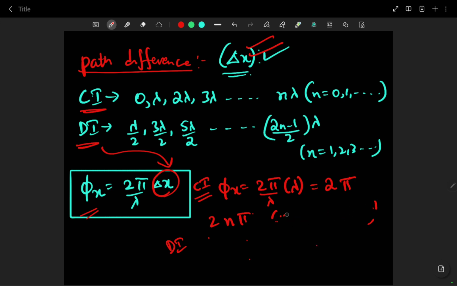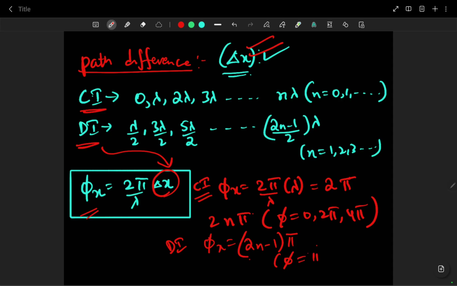You can check and let me know if this syncs fine or not. So here you will have the pattern of phi as 0, 2 pi, 4 pi and so on. And for destructive interference, it will be in the form of (2n minus 1) pi. Here your phase difference will be all the odds.